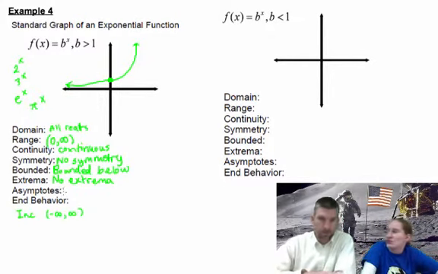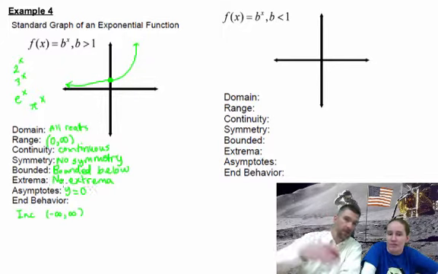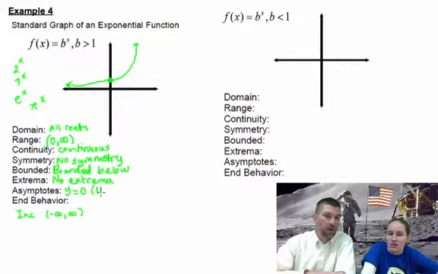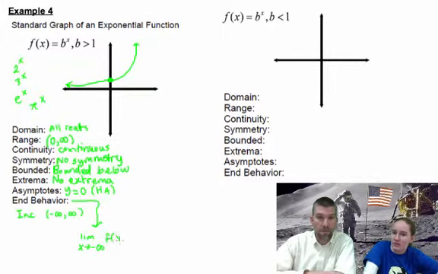Asymptotes. There is an asymptote at y equals 0 because when you look at negative infinity, there is a limit there of 0, which indicates a horizontal asymptote. What about end behavior?